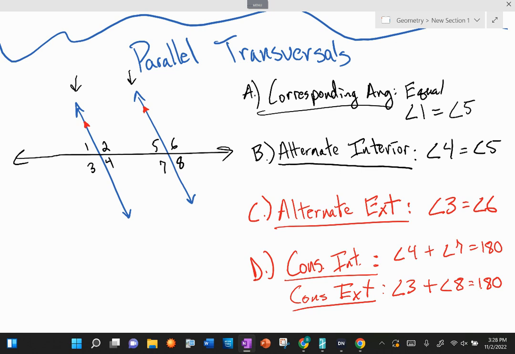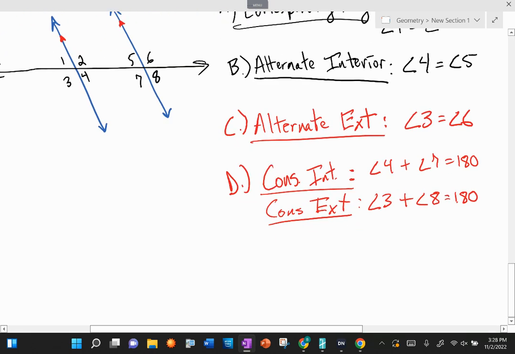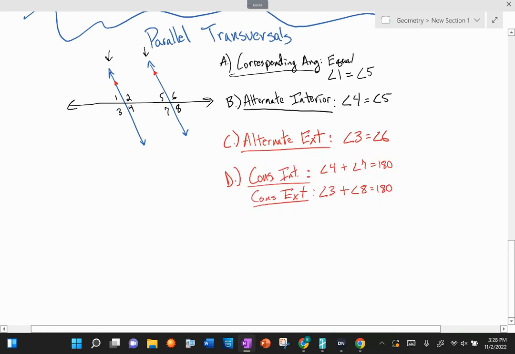Okay, let's do a practice. This one's kind of a part of this section. So we have two parallel lines with a transversal.